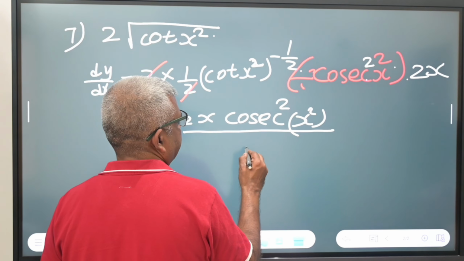What is the formula for left hand side derivative? Limit h tends to 0 minus, f of a minus h minus f of a, divided by minus h. This is the left hand derivative.